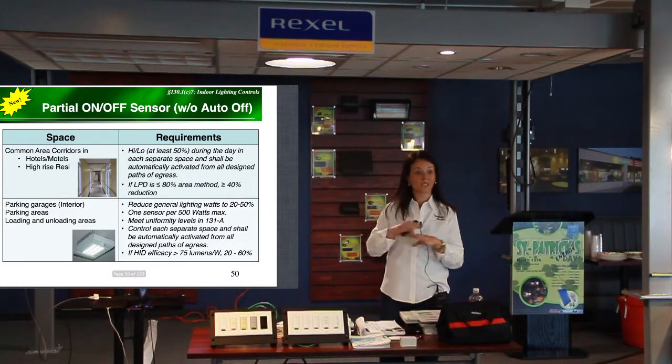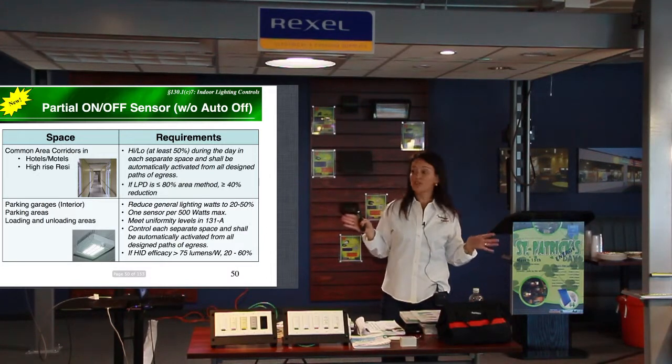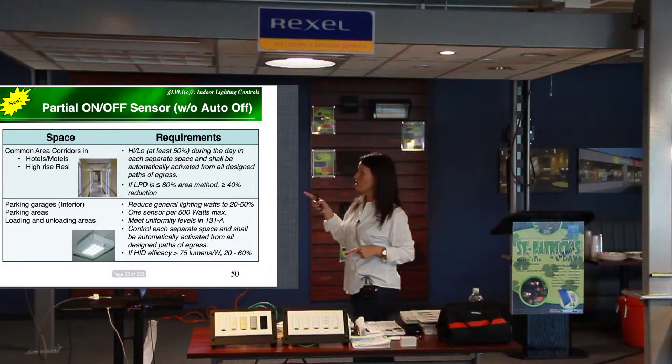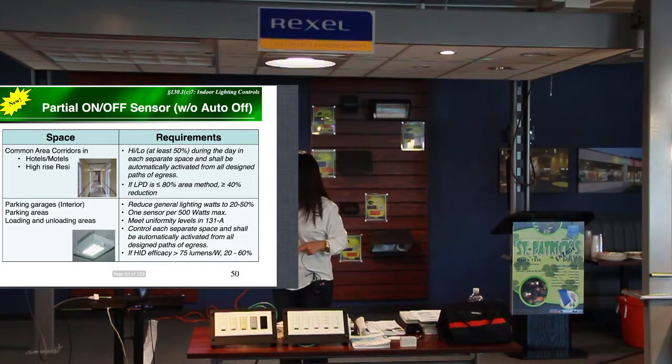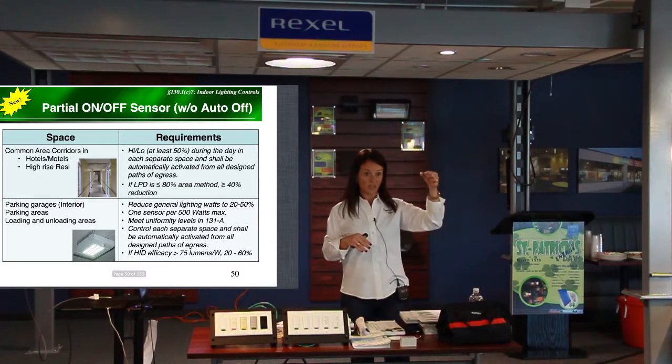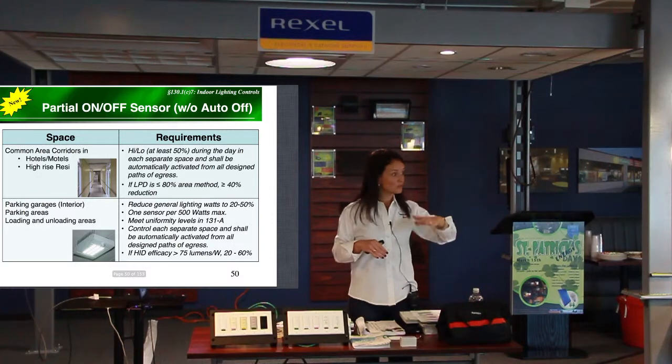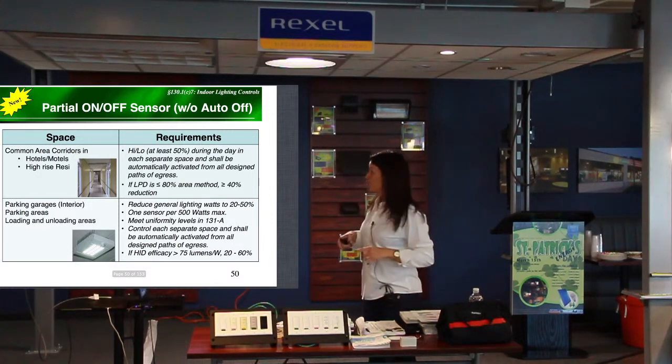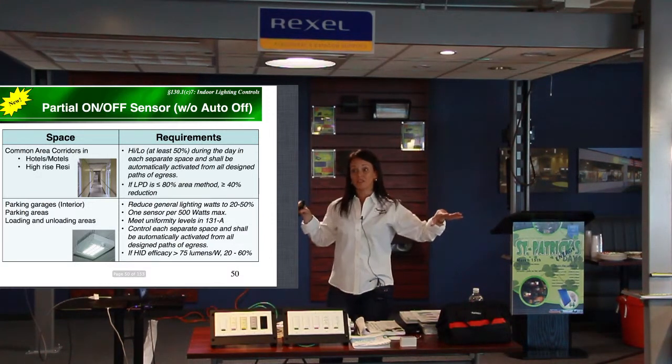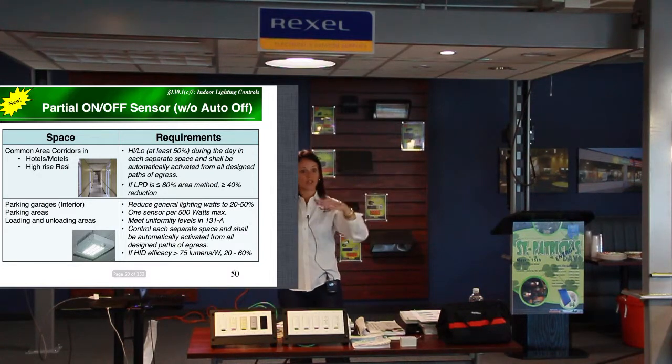Parking garages were exempt from all of that. Now, with parking garages, you need to go between 20 and 50%, and you don't need to turn off the lights. So parking garages need to have sensors, and those sensors need to control half of those lights. You cannot have sensors all over the space and just turn on everything per sensor.